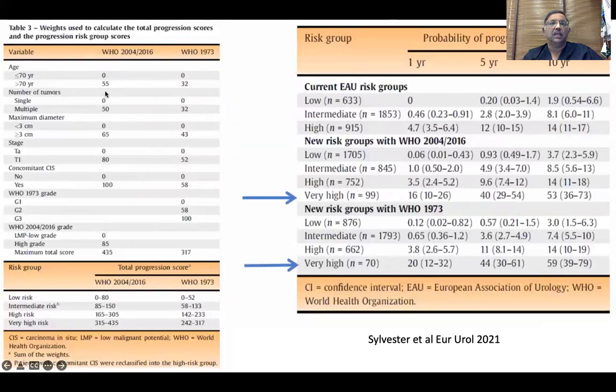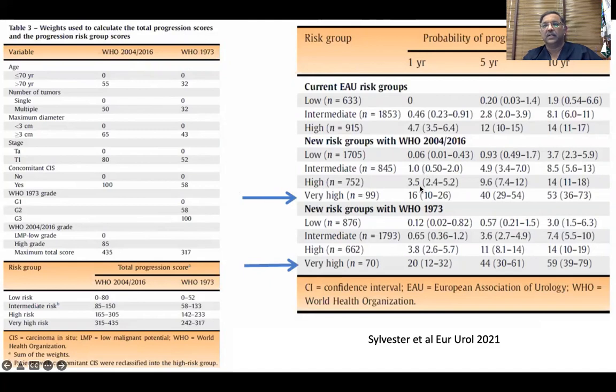Now, these are the various parameters and their weightage, which is described on the left-hand side of the table. And if you look at this half, you can see that the probability of progression at 1, 5, and 10 years is very different between high risk and very high risk category.